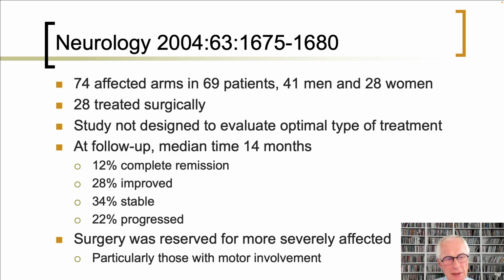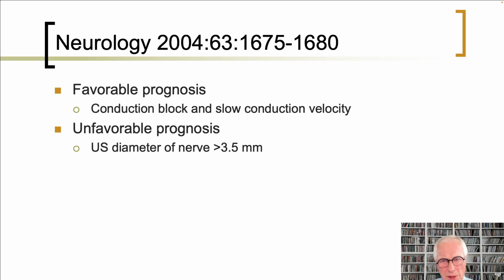This was not a study designed to evaluate the optimal treatment. The follow-up time was a little bit longer than 1 year. Some recovered completely, 12%, 28% improved, which means that quite a few ulnar neuropathies will remain with significant symptoms. And surgery was done on the more severely affected ones.